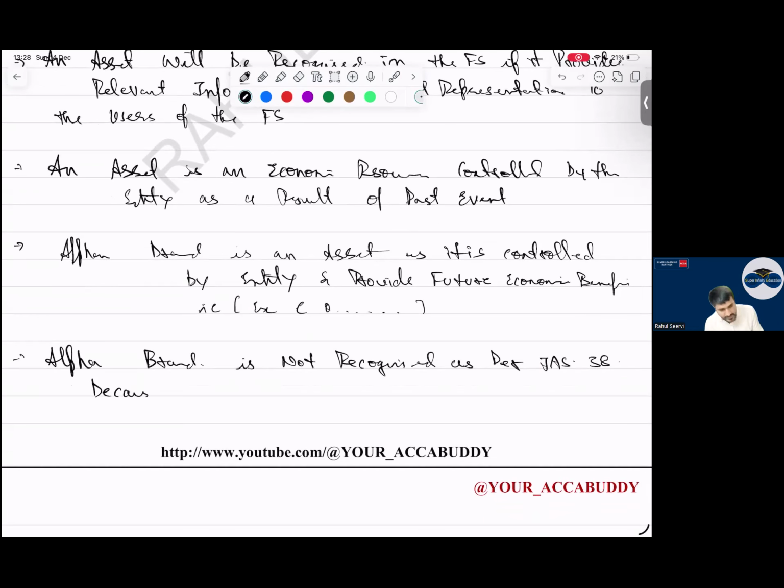Because can I say IAS 38 says what? Can I say because cost cannot be separated. Now over the period the company is incurring the cost. Can I say if the company is incurring the cost over the period, is it easy for the company to separate the cost which belongs to brand and which belongs to normal expense?